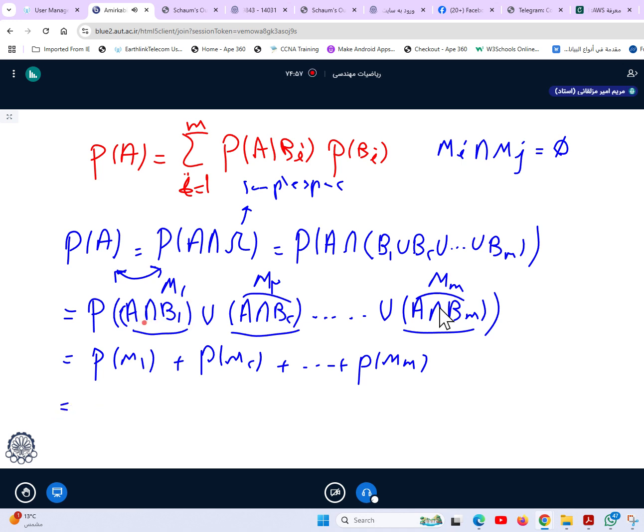And then please consider what's M1. M1 is intersection of A and B1. So for these probabilities, we use this formula.